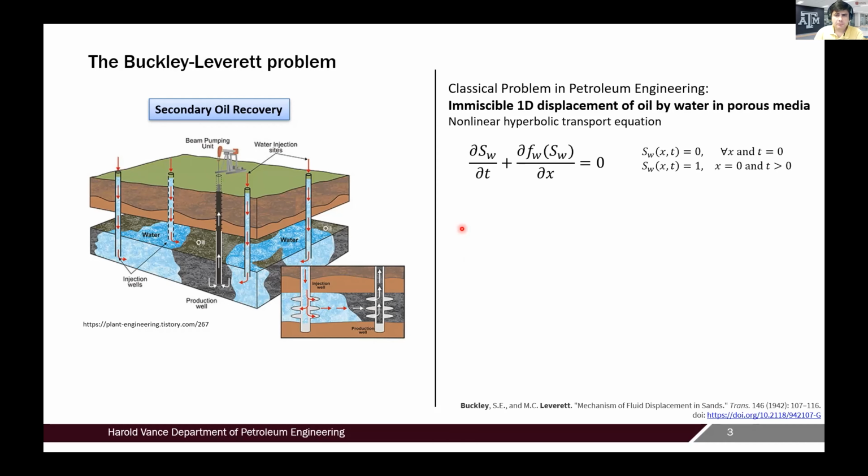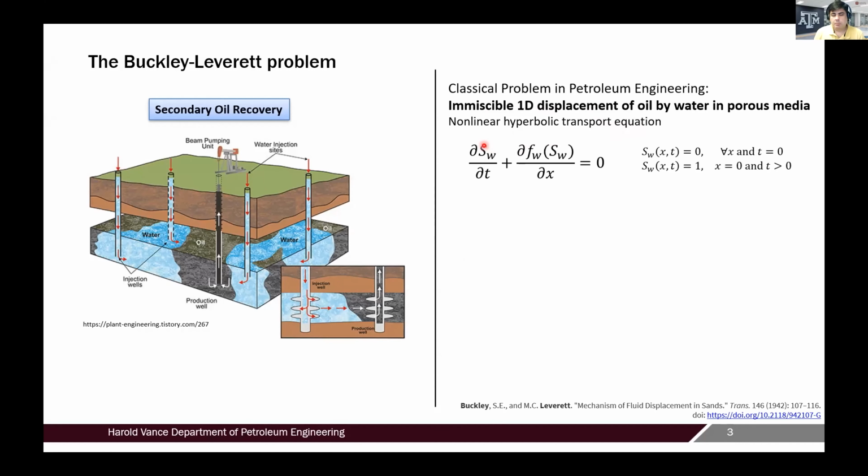This Buckley-Leverett problem is a classical problem in petroleum engineering. As you can see, it is an immiscible 1D displacement. It's just 1D, very simple, and it's a nonlinear hyperbolic transport equation.